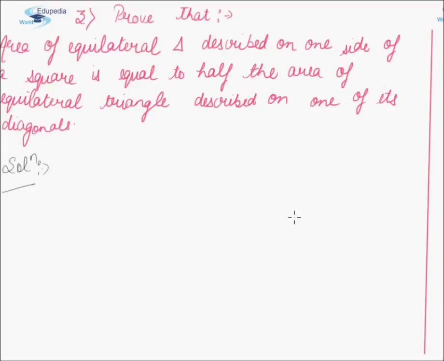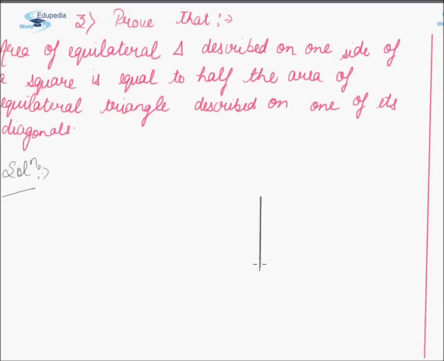We are given a square and one triangle, an equilateral triangle, is described on one of its sides.